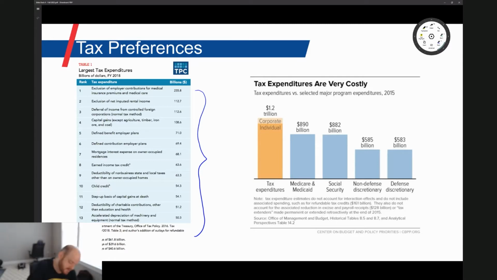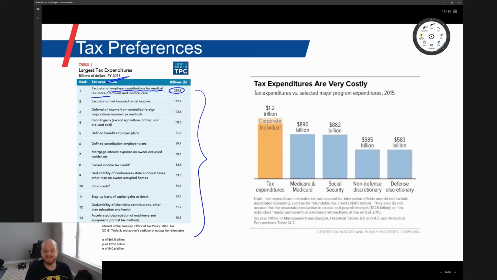Because we want employers to contribute for medical insurance premiums, employers, so corporations, can have a $235 billion tax preference, right? This is for fiscal year 2018.